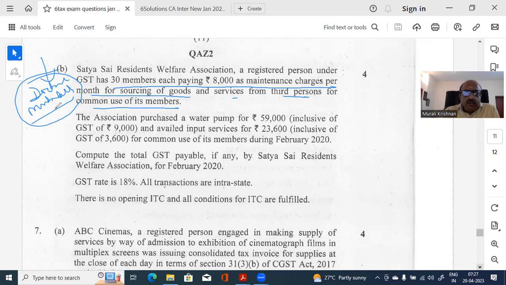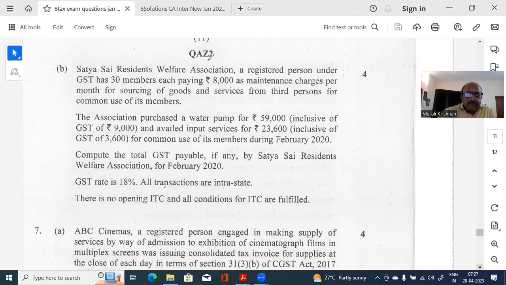This has been an issue of contention for a very, very long time, even in income tax as well as in service tax. But in GST, they have clearly given that it is taxable. So the doubt is not there.